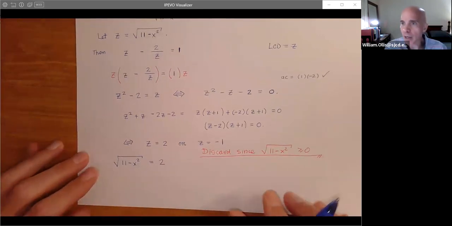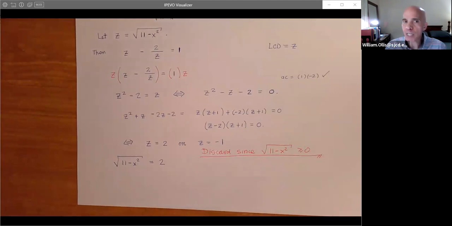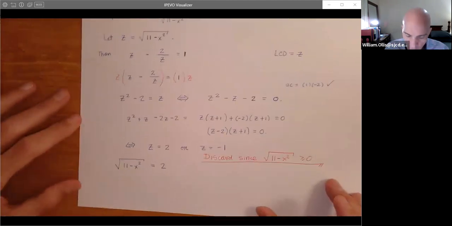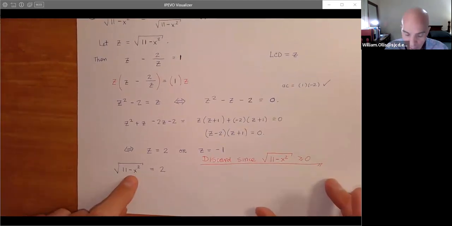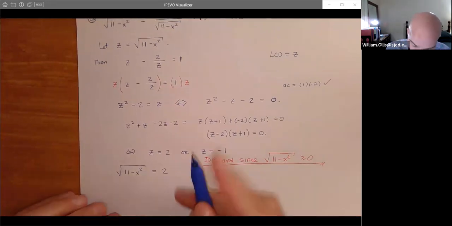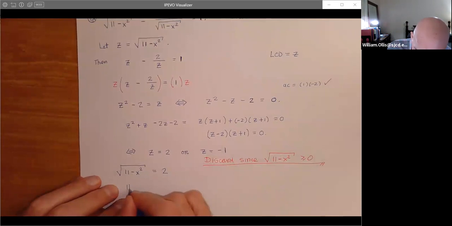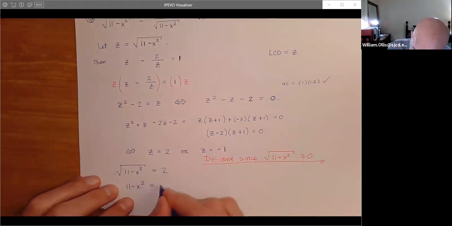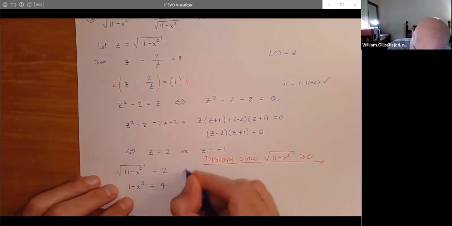Now you're thinking, okay, well, this problem just gives us a little bit of everything. So now in order to solve for x, we just need to square both sides to eliminate the radical. So let's square both sides. So we have 11 minus x squared equals 2 squared, which is 4.